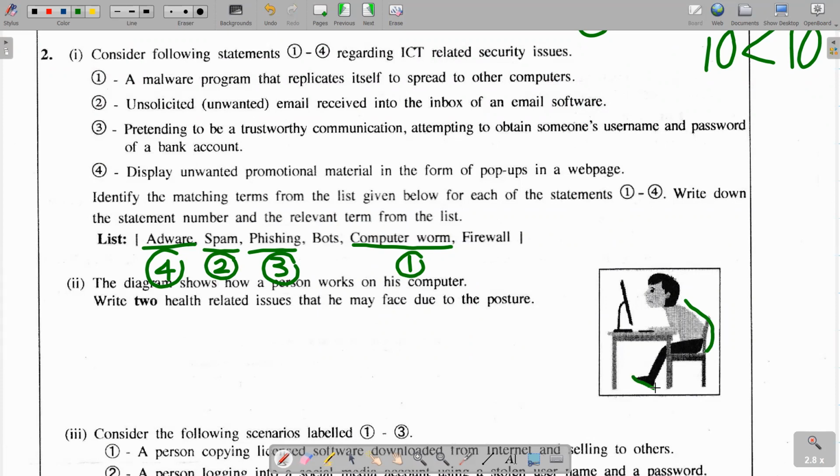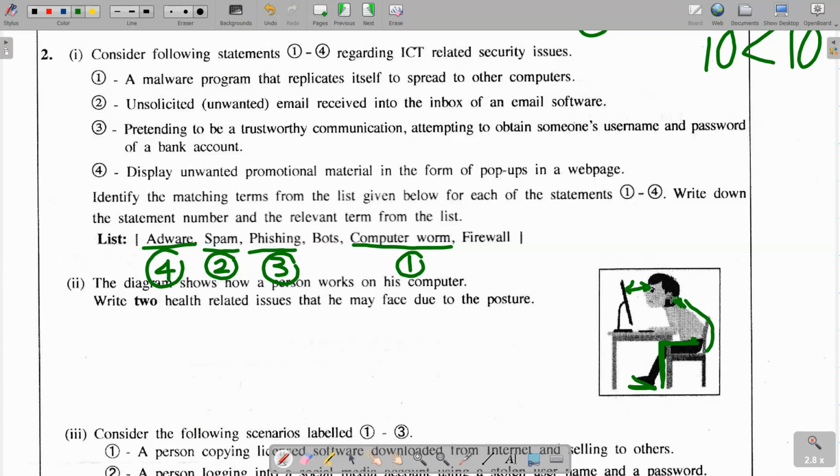His feet are not flat to the floor, and he doesn't maintain the 90 degrees posture of sitting, and he is too close to the monitor, and the neck is bent as well, right?